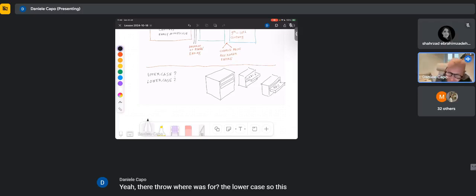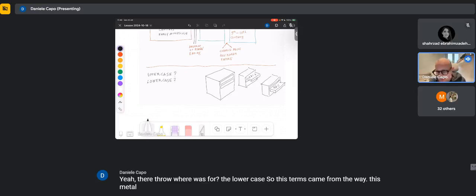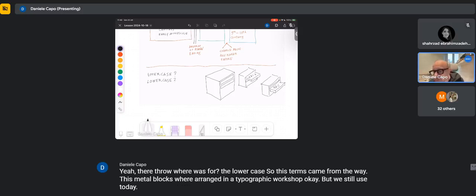So these terms came from the way these metal blocks were arranged in the typographic workshop. Okay, but we still use them today for some reason.